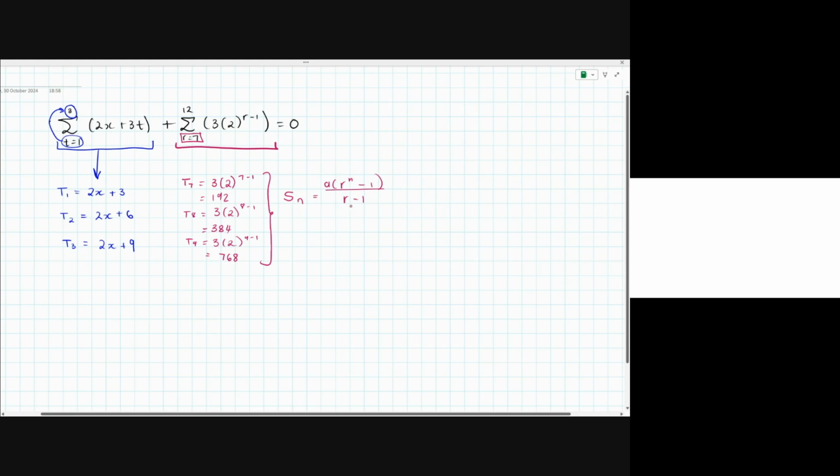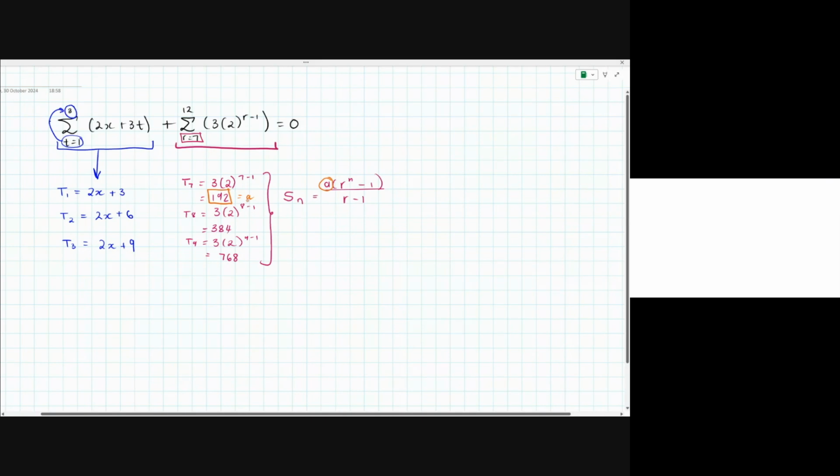Sorry, I just had to remember my formula there. Now, what we need to be careful of is the fact that my a value, remember, is the first term you add. The first term that I'm adding is 192. So that is my a value over here.